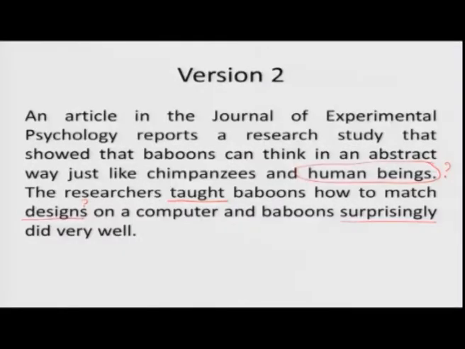So, that true essence is not captured here when you see this word surprisingly did well, which is a problematic part. So, this does not capture the true essence of the original text. So, there is a problem with number 2 summary as well. Let us look at 3.